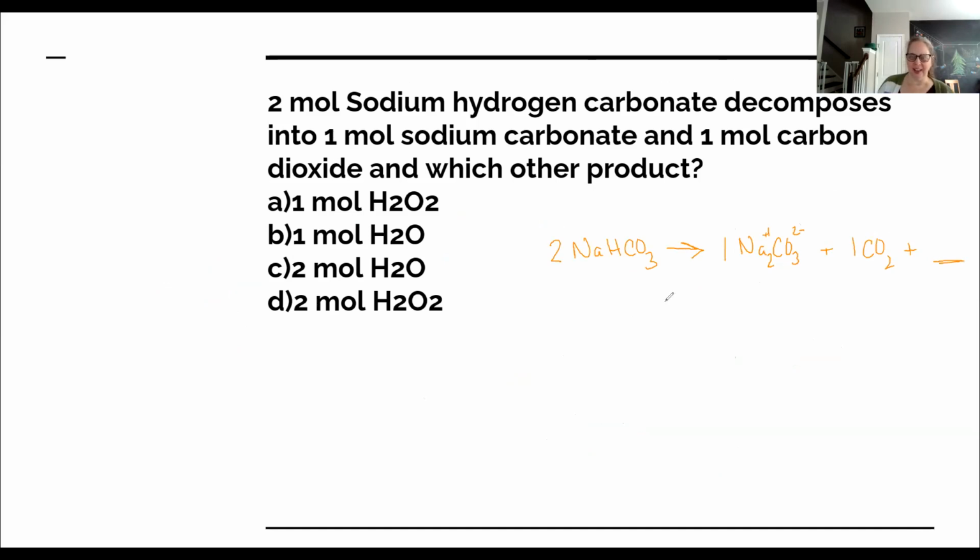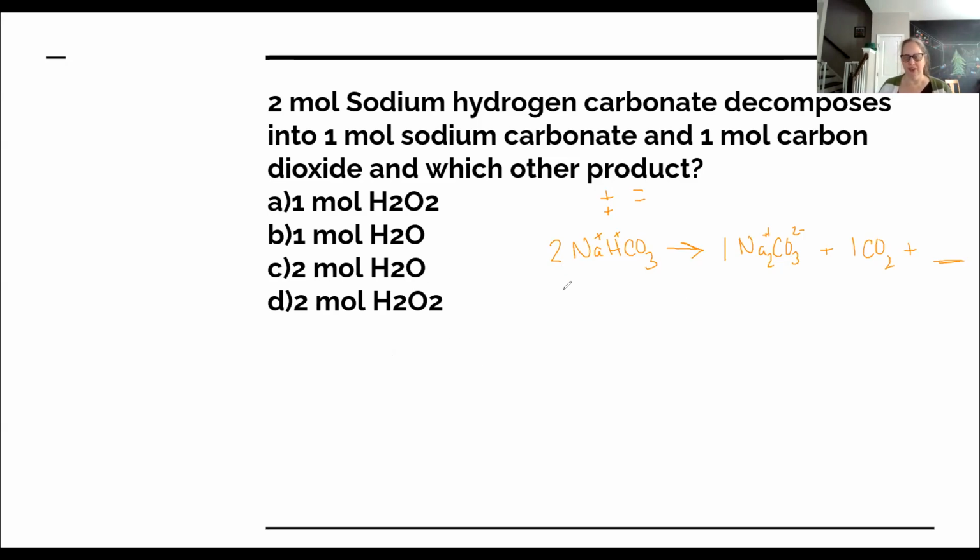Even if I didn't know about the crisscrossing here, notice I didn't crisscross on this first one because sodium and hydrogen give me 2 positives and carbonate automatically has 2 negatives. So those guys worked out, but they did not give you any sodiums over here. So that's going to help you solve the problem, even if you did not get that crisscrossing quite right.